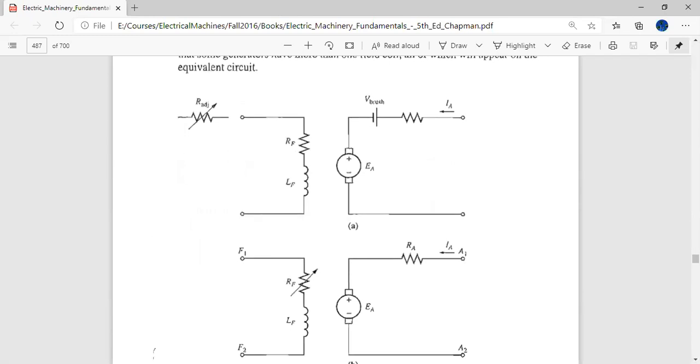It is similar to what we did in the AC machines, but the difference is that in the synchronous machines, the field side was DC and the armature side was AC, in both the synchronous generator and the synchronous motor. And we couldn't join the two sides together because of this disparity.